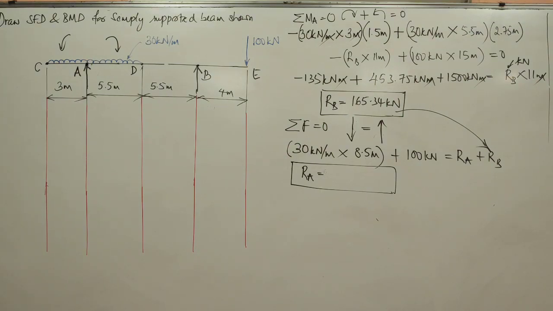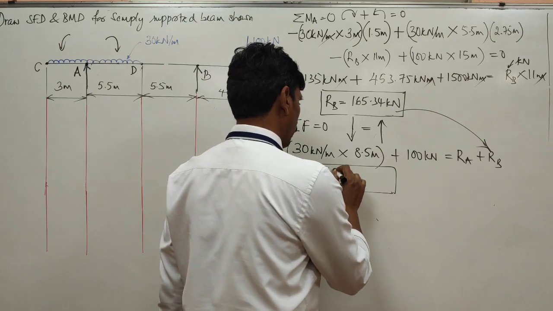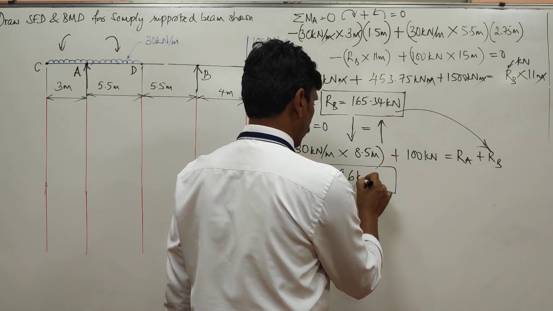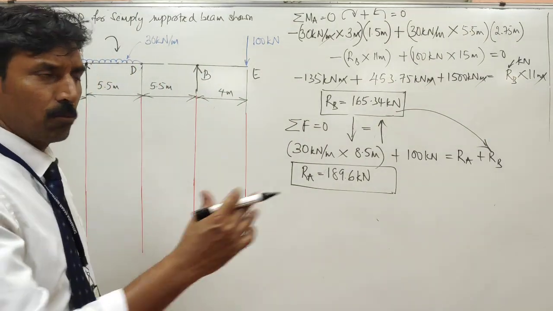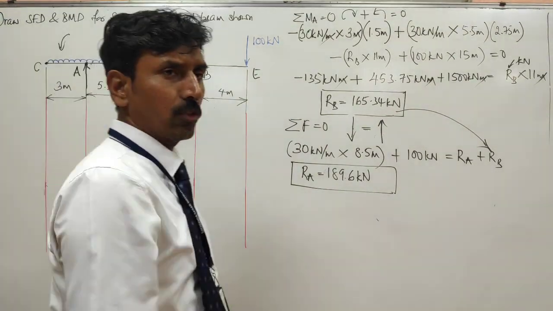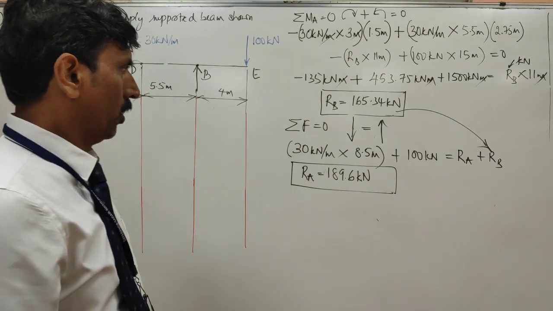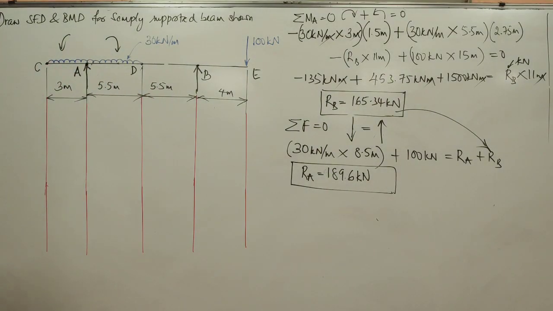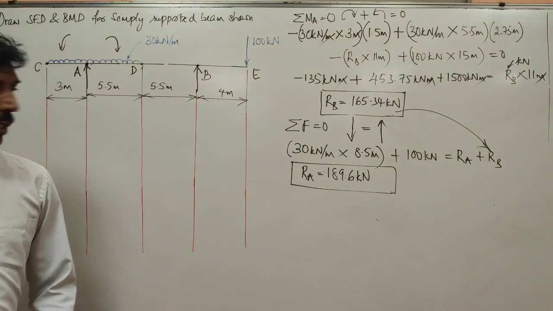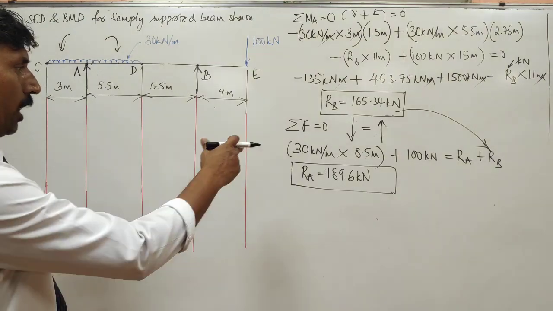The value of RA is 189.6 kilonewton. You're getting some odd numbers here because the numerical is given in this way. Once you have done this, write these values on the diagram so that you don't have to look into this every time.